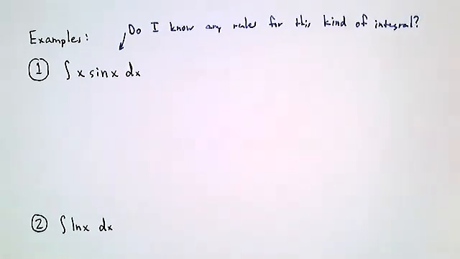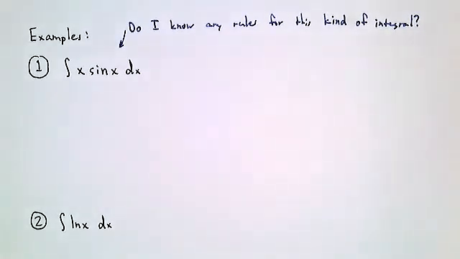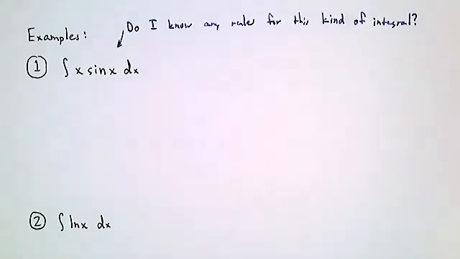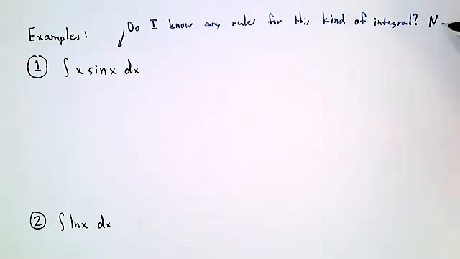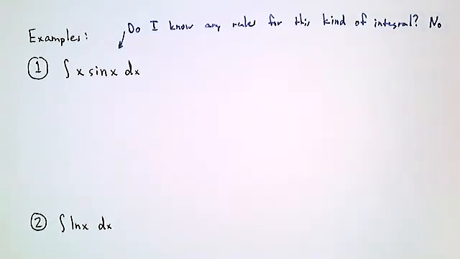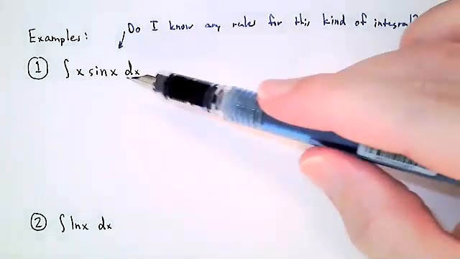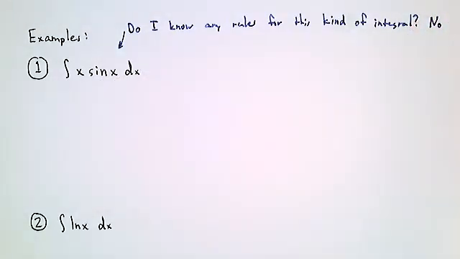Okay, so hopefully you thought about it and you decided that you don't really know any rules for this one. And this is a little bit like the last example from 8.1 where we had an x to the 4th times sine x.